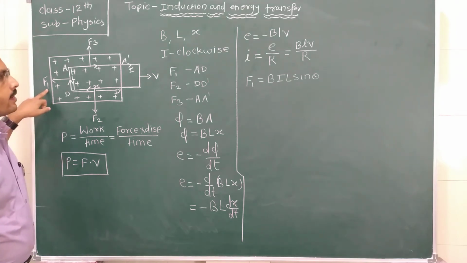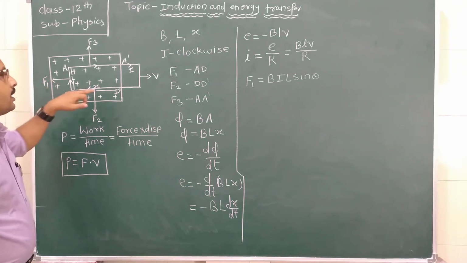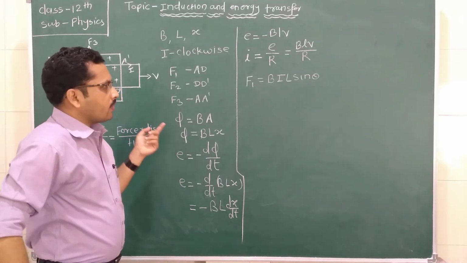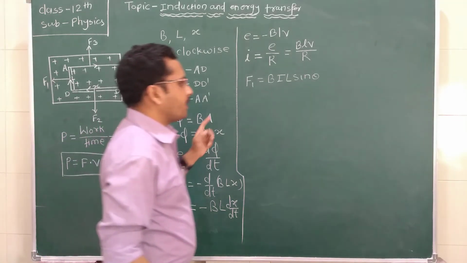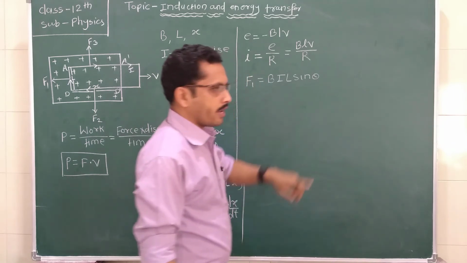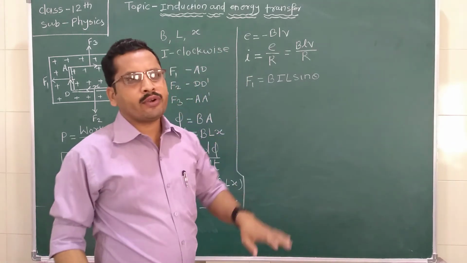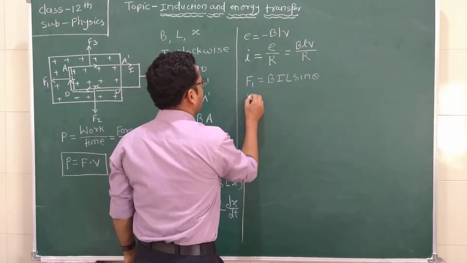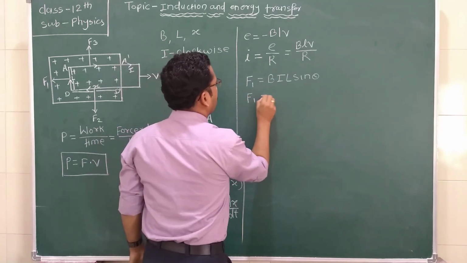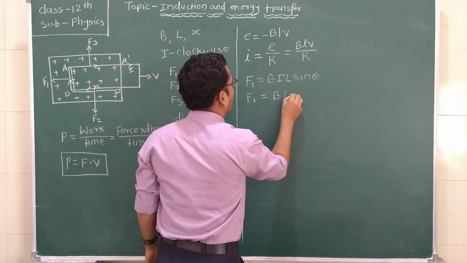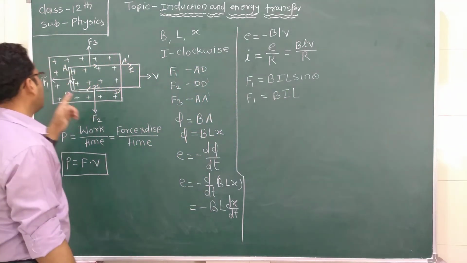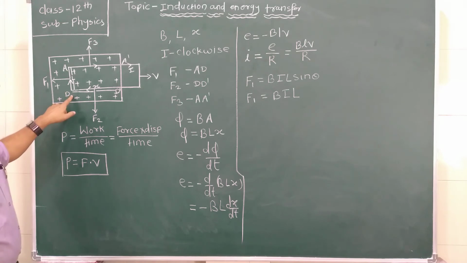Theta is the angle between the magnetic field, current and length. They are mutually perpendicular, so theta is 90 degrees and sine 90 is equal to 1. So F1 is equal to BIL. This force is acting on the face AD.